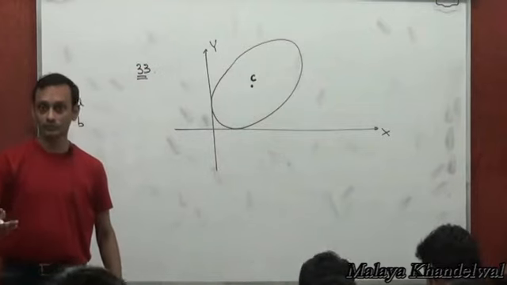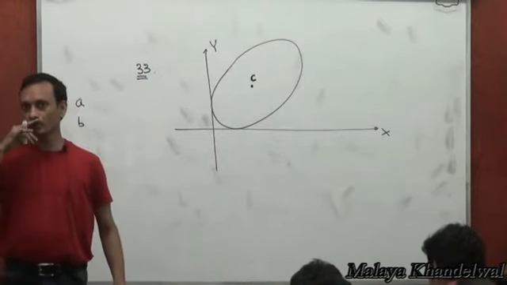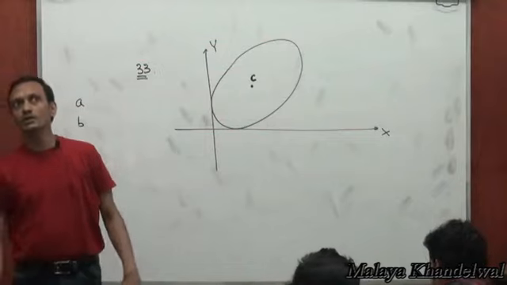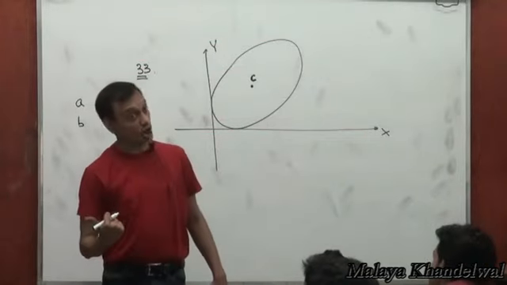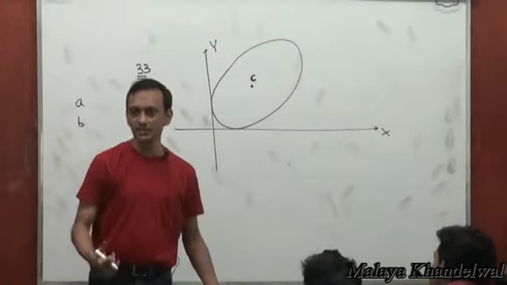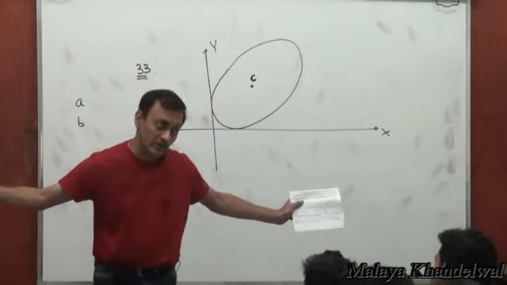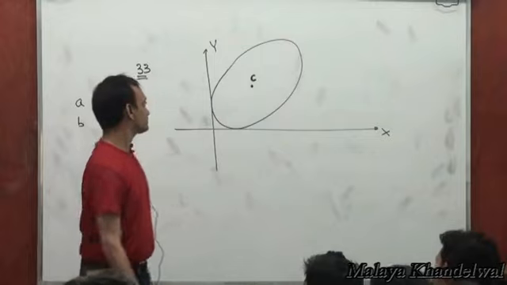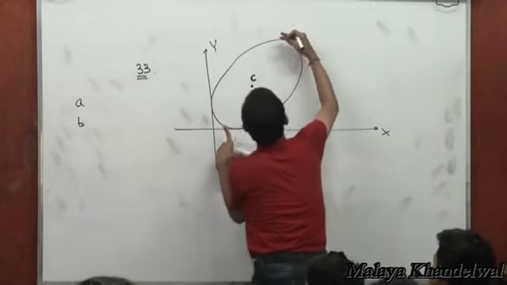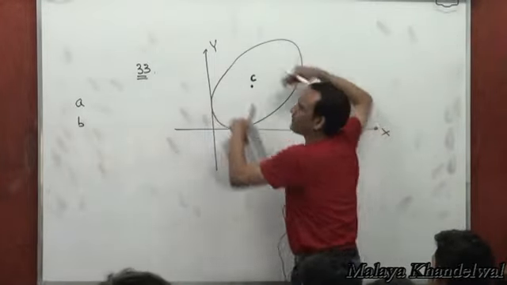Right? Yes or no? The radius of the director circle will also not change. The radius of the director circle will always be root of semi-minor axis squared plus semi-major axis squared. However, when this ellipse slides, the orientation of the major and minor axes will change.